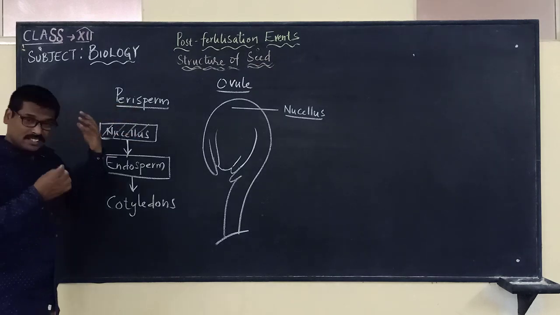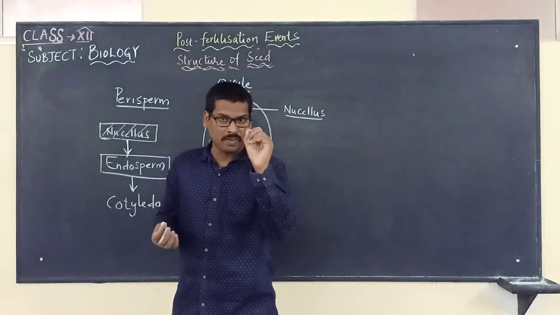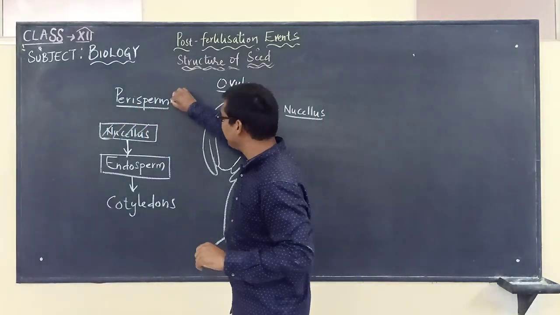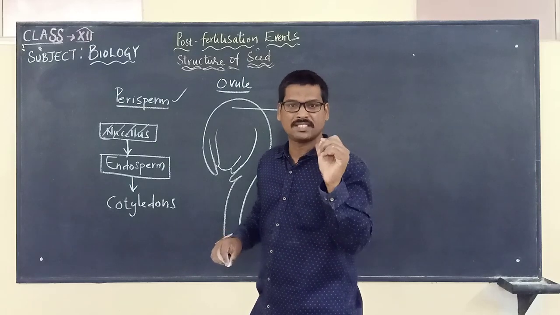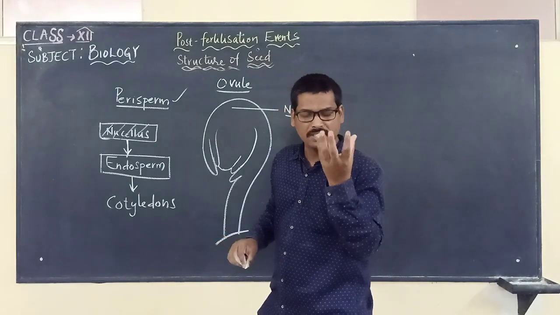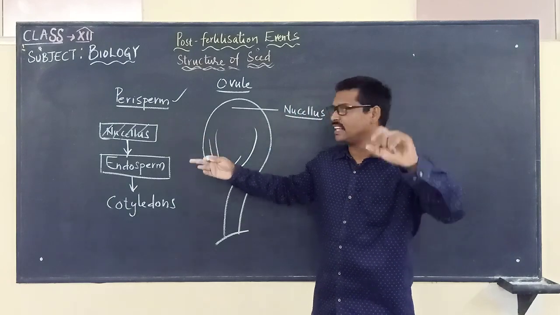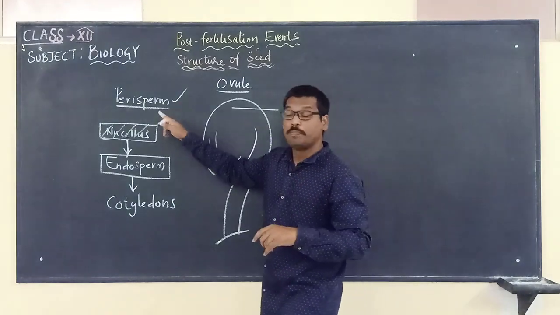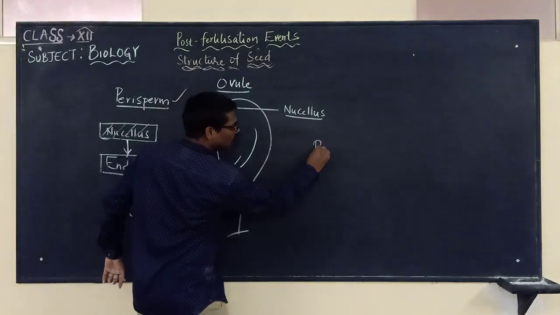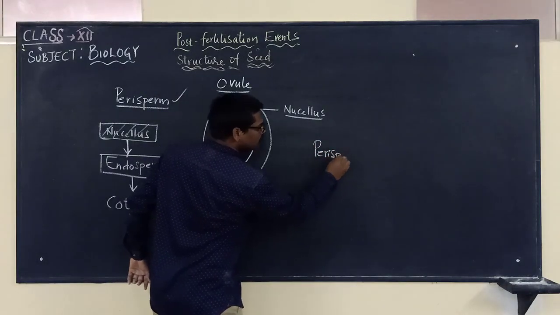So when a seed is showing the perisperm, remnants, okay, remnants means a little part of that nucellus is still remaining in the seed, such seeds are called perisperm seeds. Such seeds are called what? Perisperm seeds.